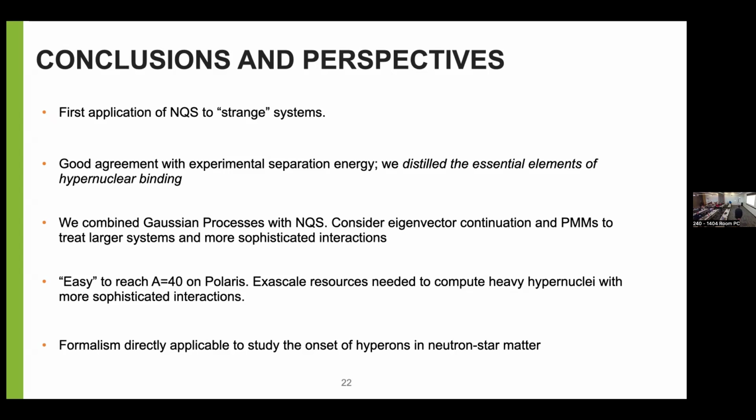When I listen to you now, the lambda is always in the S shell. Does it then make sense to even study the hyperlead, to get some information, because you also find out already when you simulate the equation of state what the effect is? Now that's an excellent point.